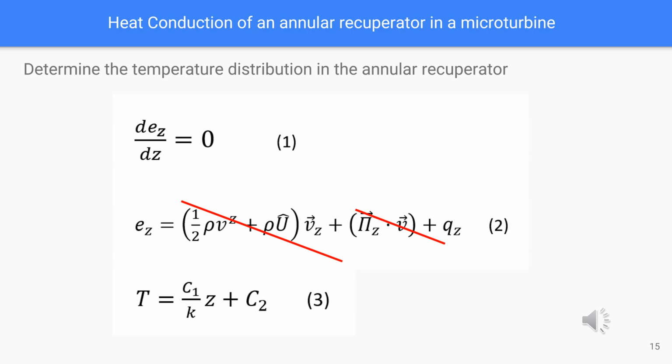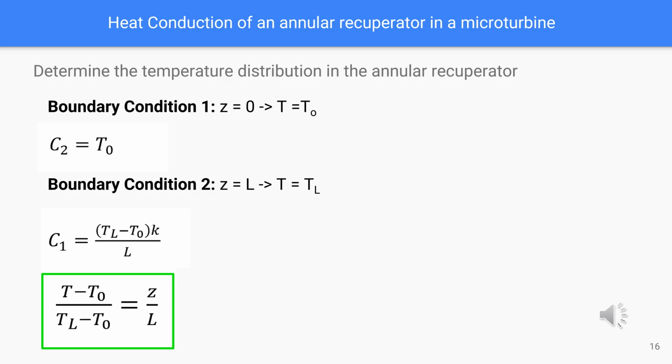When you substitute equation 2 into 1 and do some more substitution and math, you should end up with equation 3. Now you write the two boundary conditions provided in the question. At each side of the recuperator, you're given the temperature, which you substitute in equation 3 to solve for C1 and C2. Then you will end up with the temperature distribution.